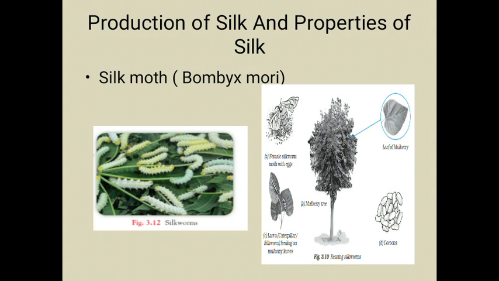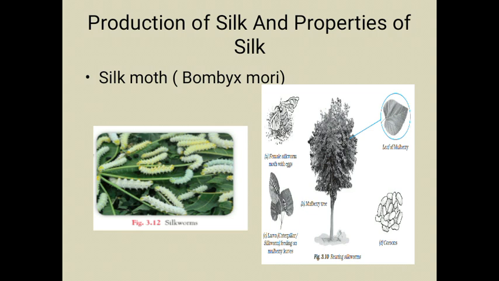The fibroin, that is the protein, prepares the silk filaments, and the sericin cements these two filaments together. The function of sericin is to bind the two filaments.